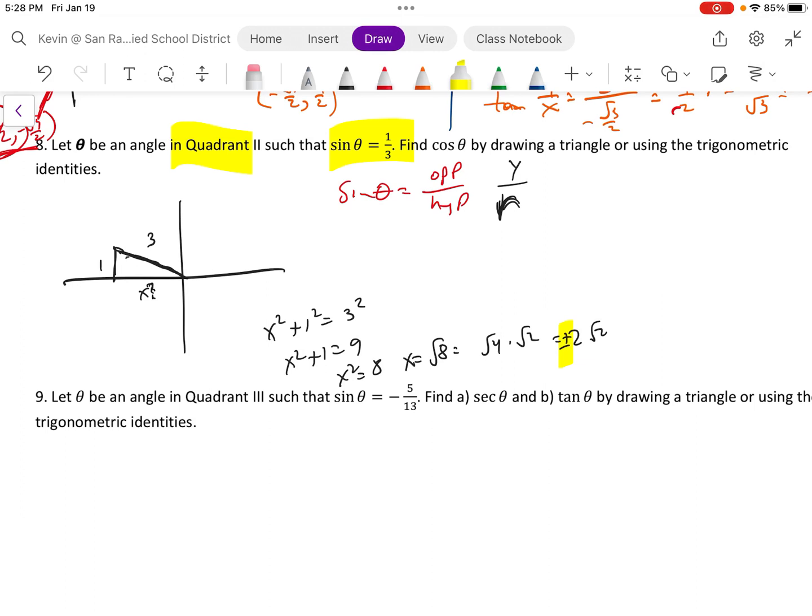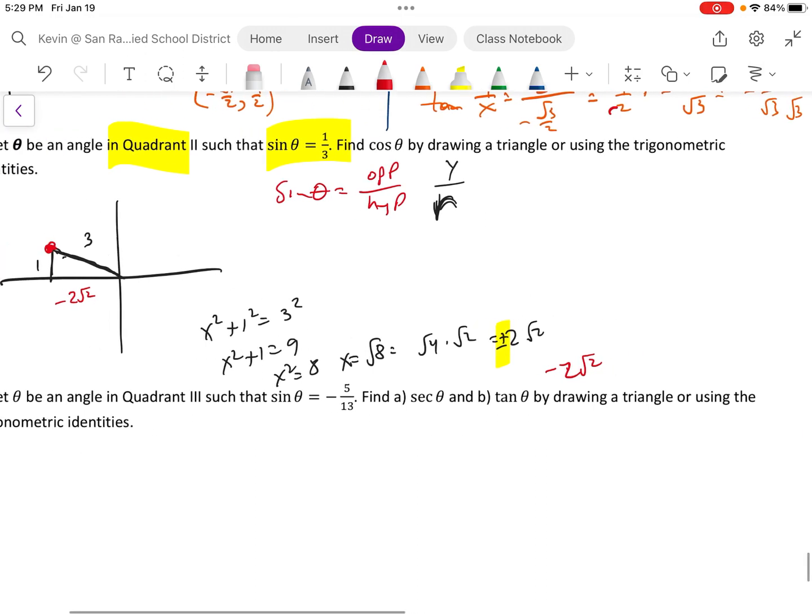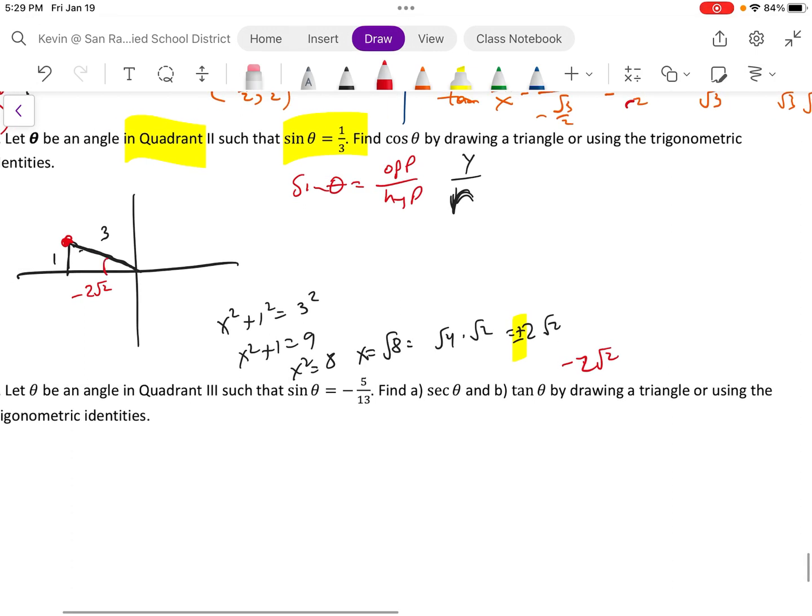Okay, which is it though? Is it plus or minus? Well, where are we? Because we're in the second quadrant, our x value is negative. So negative 2 root 2. And in this case, it just wants us to find the cosine of this angle.